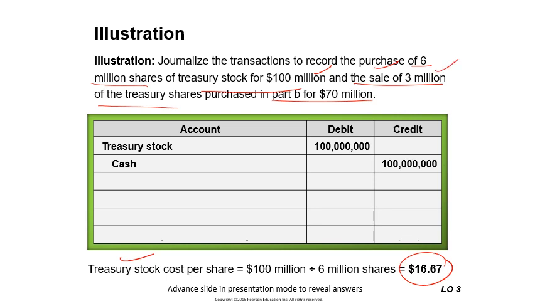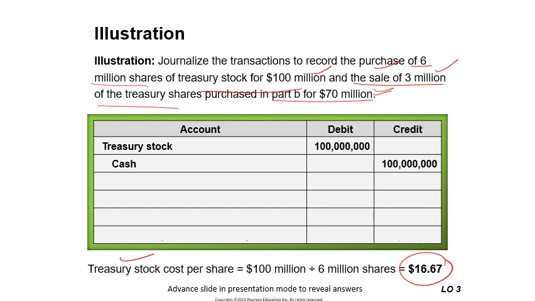The next one is you sell 3 million treasury shares for 70 million. It means you receive cash of 70 million, right? And you decrease treasury stock.